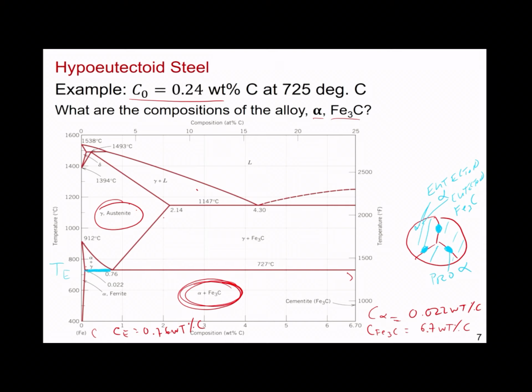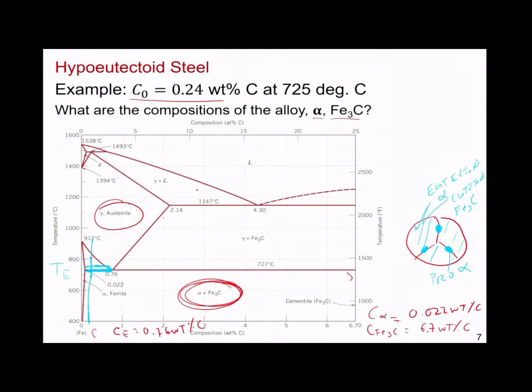Okay? This is your composition, 0.24 weight percent. You're right here. Okay? So then if you draw your lever rule, you have one component on your right, one component on your left, and that should hit your eutectoid composition. All right, I think the thumbs up is indicative of a satisfied answer.